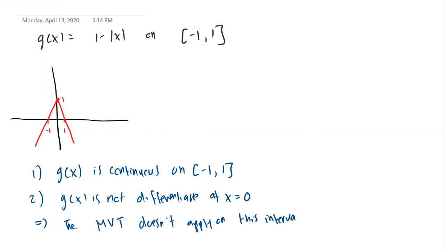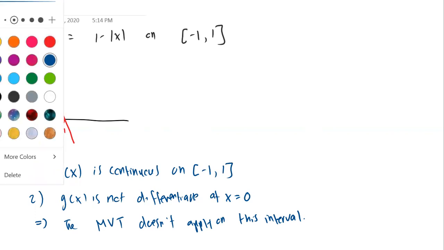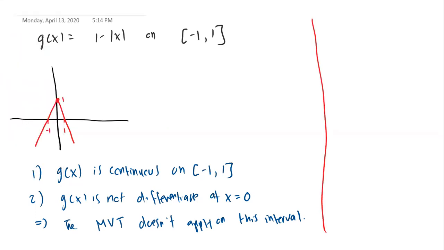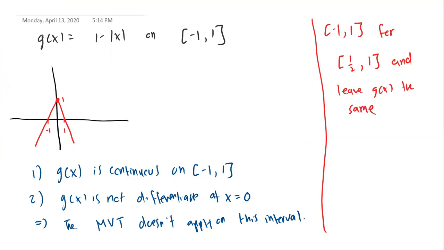So this is a case like something we saw before, where whether this applies depends both on the function and on the interval. Because if you just switch the interval here, let's say, what if we switched negative 1, 1 to something like 1/2, 1, and leave g of x the same, you would see that now the mean value theorem does apply on this interval, right? Because on that interval, 1/2 to 1, the function is differentiable and continuous.